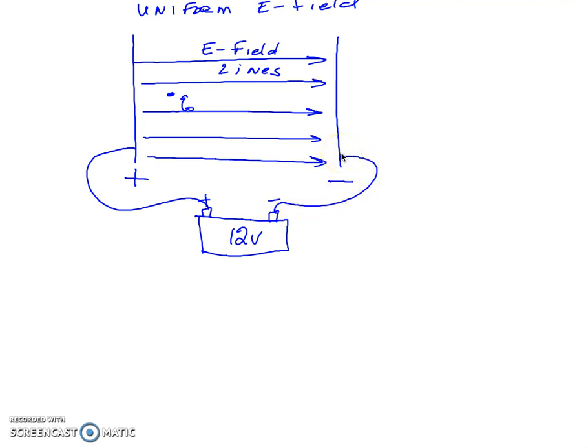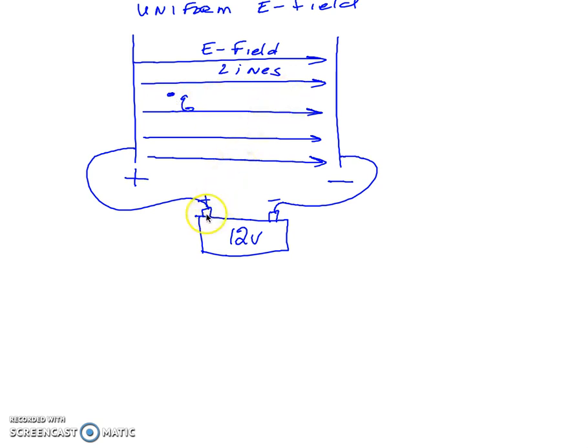So between the plates we create a uniform electric field, and if I place this charge within this field, it will move with the field. So now the force is constant, and it will be in a uniform electric field.